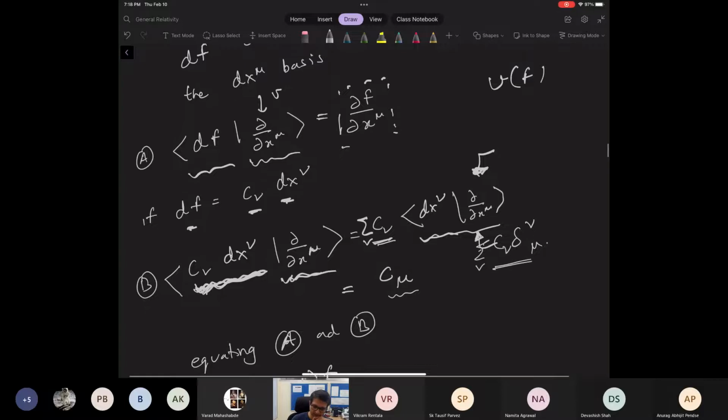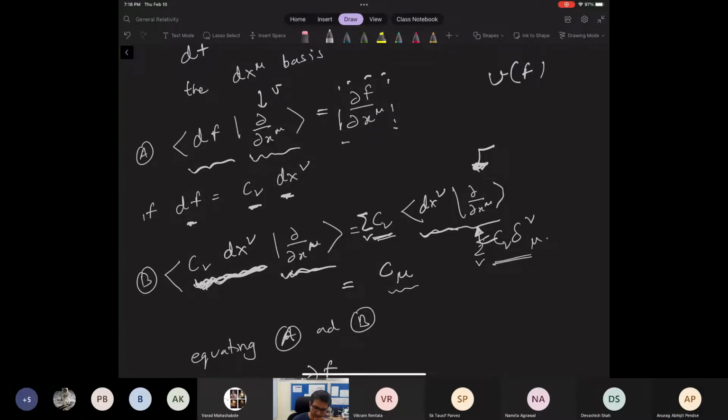So now what that tells us is that these are two different ways of evaluating exactly the same inner product. Either df acting on partial x mu, or I can write df in terms of its basis components, c nu dx nu, and I would get the basis coefficient c mu. So both these methods give you exactly the same result.